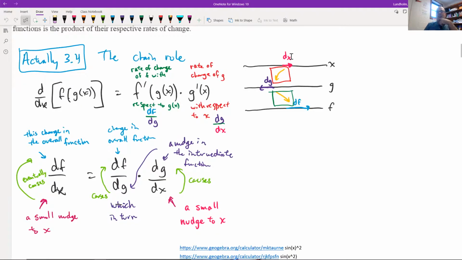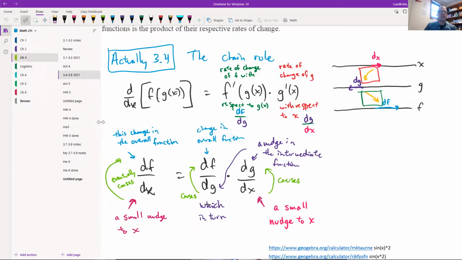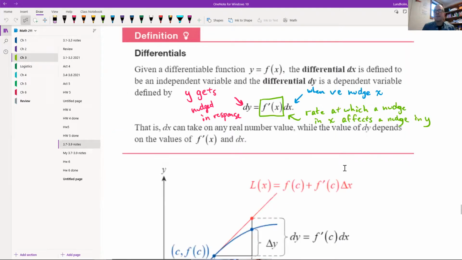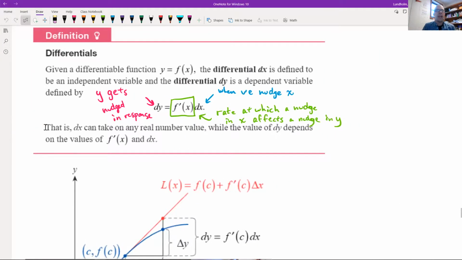When you're moving from the x input to your intermediate variable to your final independent variable, we nudged x a little bit, and that created a corresponding nudge in the function g, and the rate between the two nudges was dg/dx. So we've seen these before. Yeah, and the derivative is the rate at which those nudges correspond.